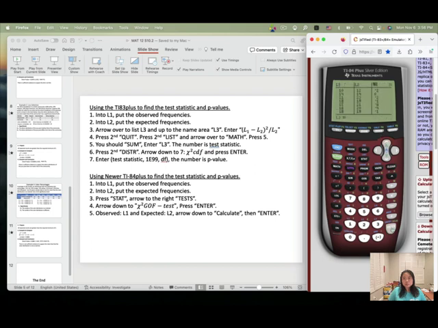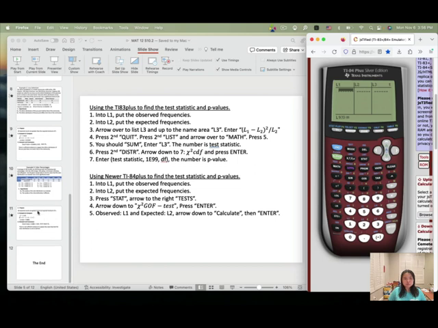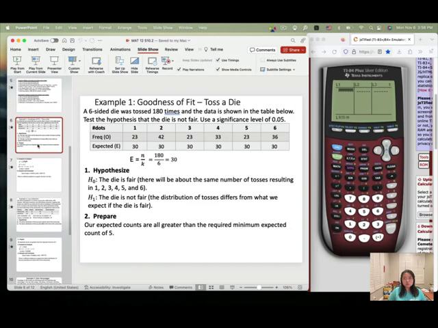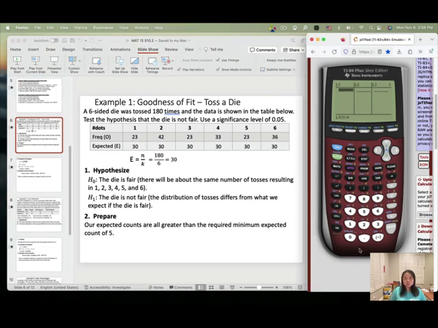Let me clear all the data first. In L1, you input the observed frequency. In L2, you input the expected frequency. Observed frequency. Expected frequency.